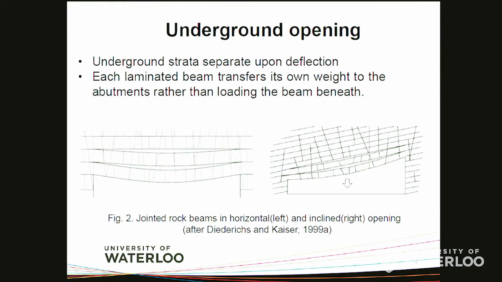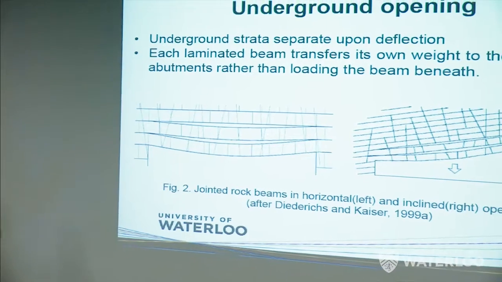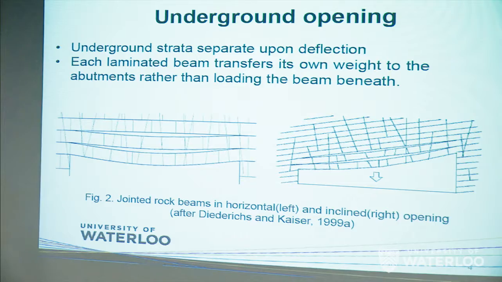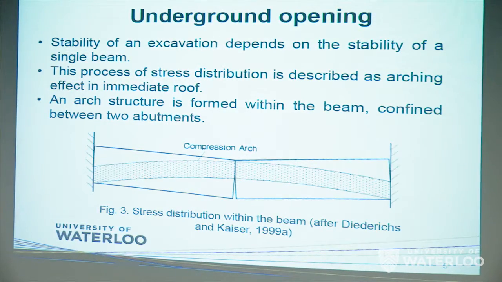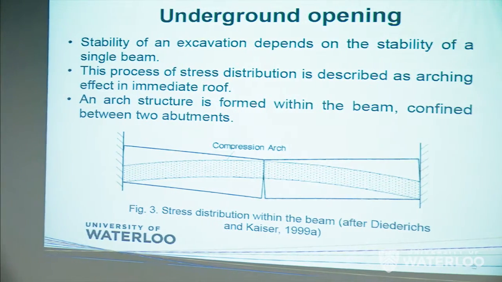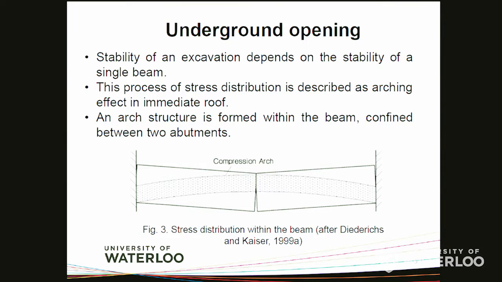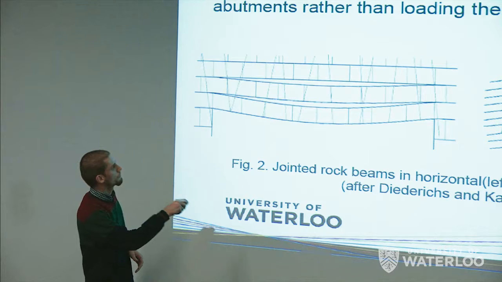The thing is that these layers tend to transfer the gravitational load laterally to the abutments rather than vertically to the beam underneath. This would lead to the idea that the stability of an excavation depends on the stability of the immediate roof. So for stability purposes, I just need to analyze the immediate roof over here that you might see. This is the opening over here, and this is called the immediate roof layer on top of the cavern.